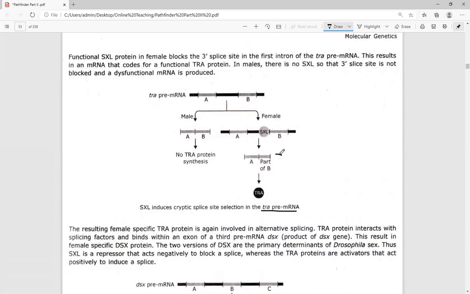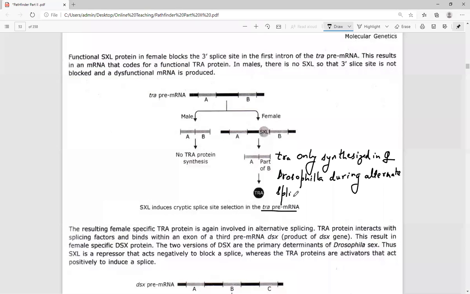Tra protein is only synthesized in female Drosophila during alternate splicing mediated by Sxl. So it is the Sxl that would be mediating this particular splicing to take place.